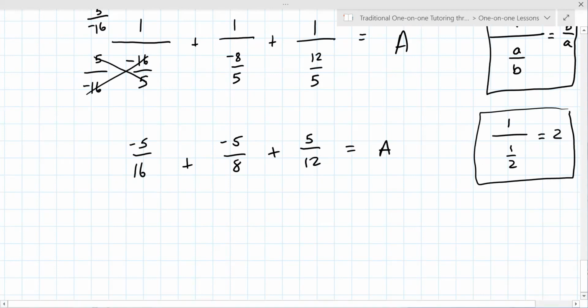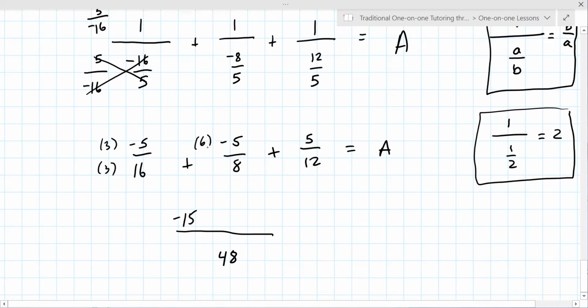You make sure all of them have the least common... Yeah, you got to make a common denominator. And this one is not ideal. I believe 48 is the one that works there. So in the first one, you would multiply the top and bottom by 3. That's negative 15.